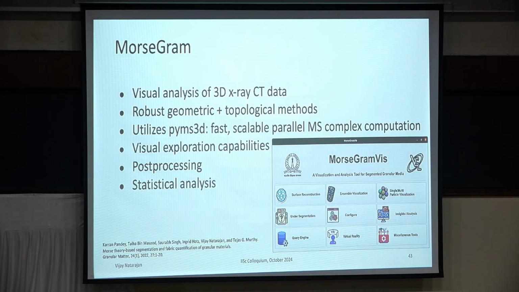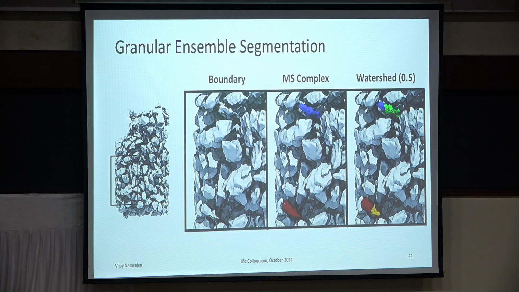One way to study them is by imaging them using X-ray CT, of course in 3D. So MorseGram provides visualization capabilities for studying these X-ray CT data, using of course the Morse-Smale complex for abstract representations. Under the hood, it uses PyMS3D and allows for post-processing and statistical analysis as well.